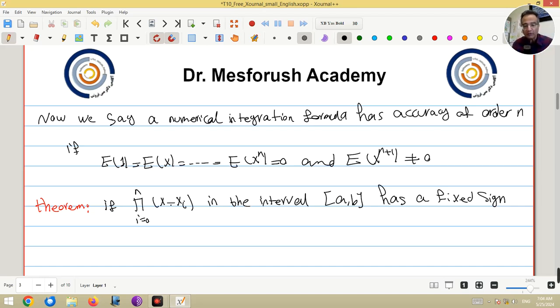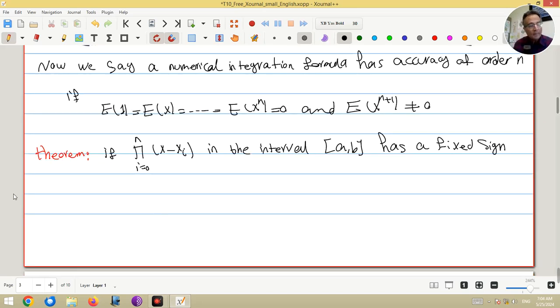It's not possible that in some parts of the interval the sign of this term is negative, and in the other part of the interval it is positive.